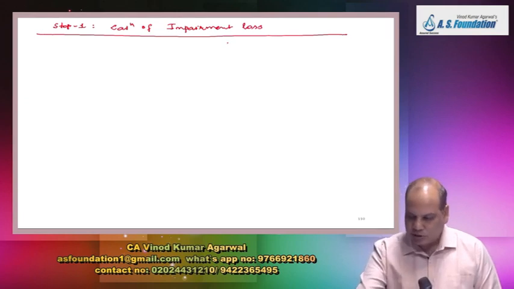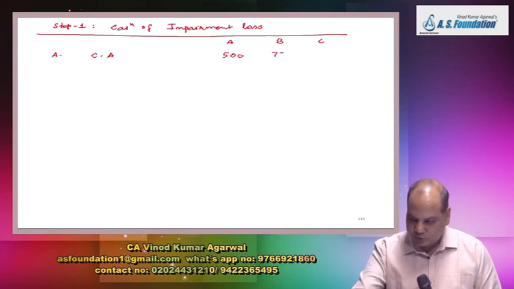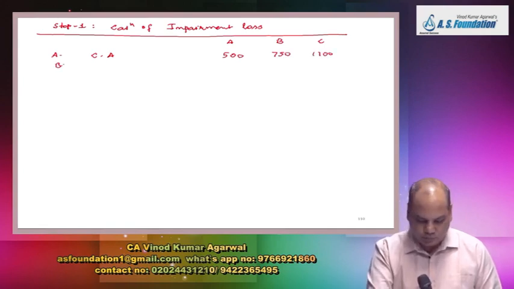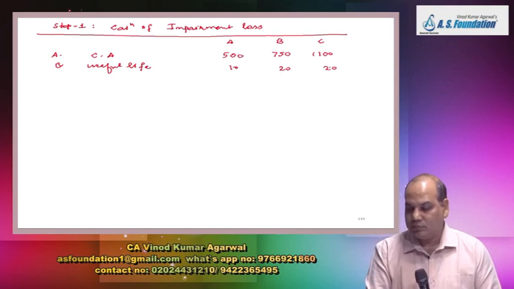How many units are there? 3. A, B, C. First point number A, carrying amount of individual units. Is it 500, 750 and 1100? And what is their useful life? 10 year, 20 year, 20 years.